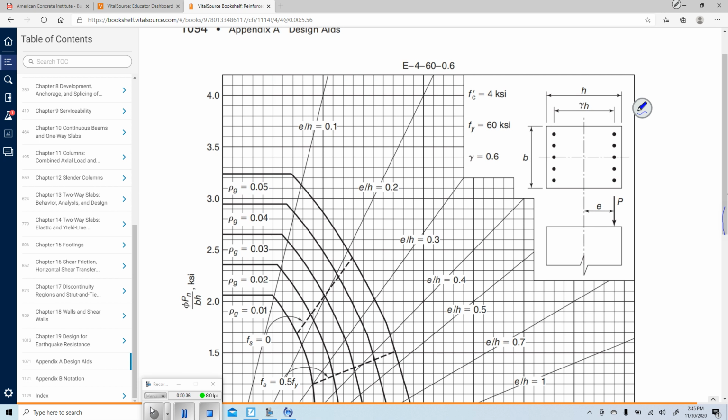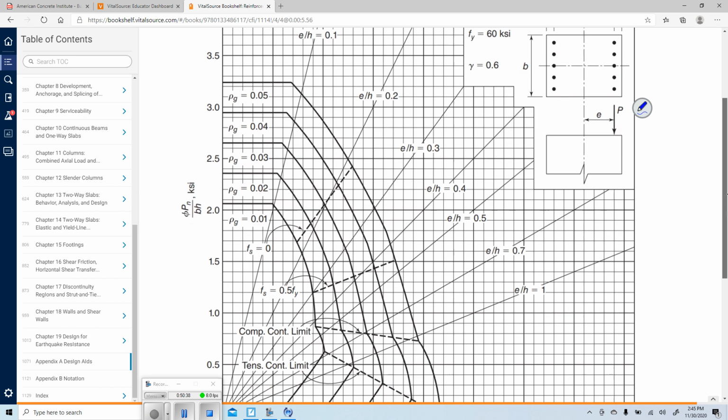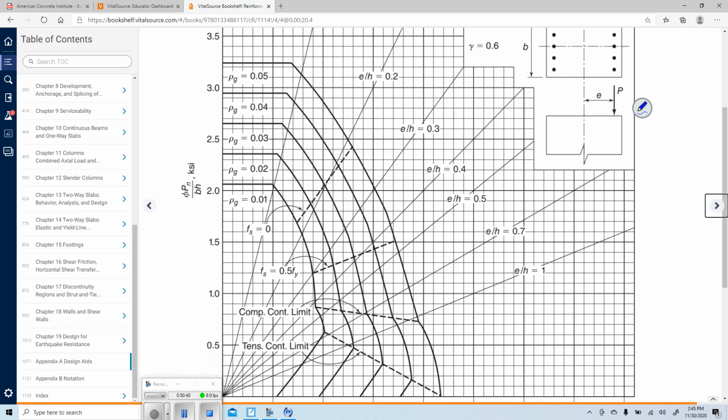And then we have reinforcement ratios, rho G, that's just your gross cross-sectional area G. This would be the 0.5, this would be 0.4, and you're following along.